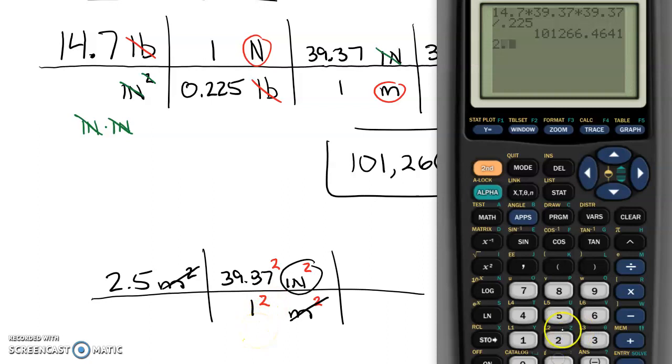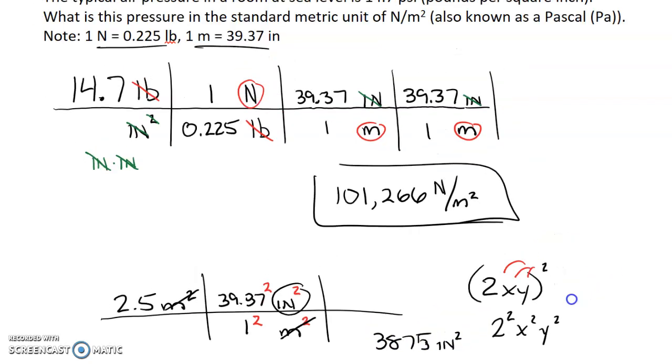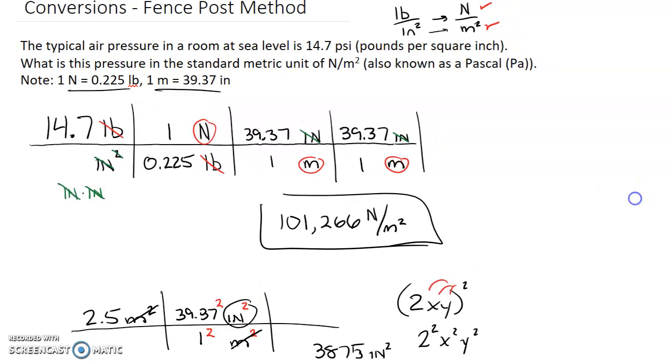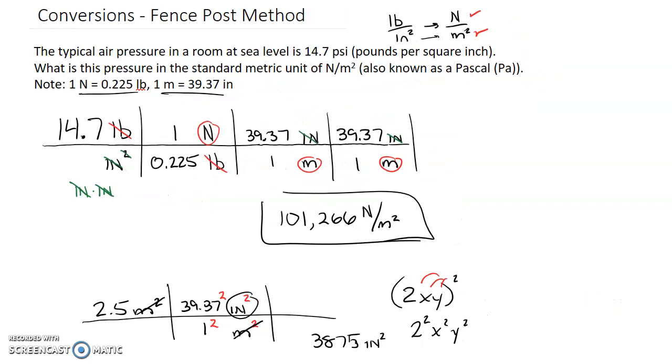And converting 2.5 times 39.37 and squaring it would get you to a big number of squared inches, 3,875 inches squared. So it's a little trick. It's really not a trick if you understand the algebra behind it. Anytime you have squared units or even cubed units, you would do it 3 times or cube it. This would come into play. So here's a little review on using a fence post method or dimensional analysis to convert units in an organized way to make sure everything matches up. Good luck.